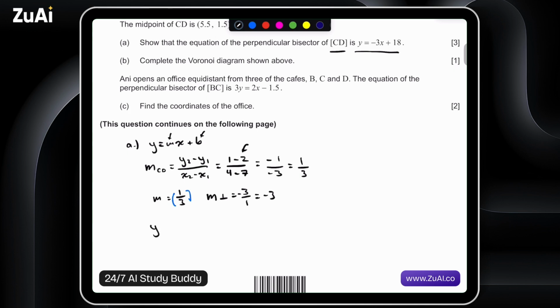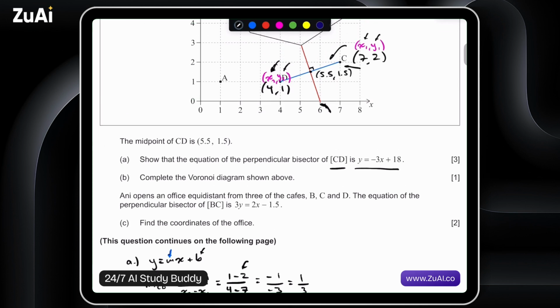So y is equal to mx plus b, negative 3x plus b. And now we just need to find our y-intercept. We have 3 unknowns, x, y, and b. But the thing is, we do know one of these points on the line. We do have an x value and a y value that is on the line. So we should be able to substitute.